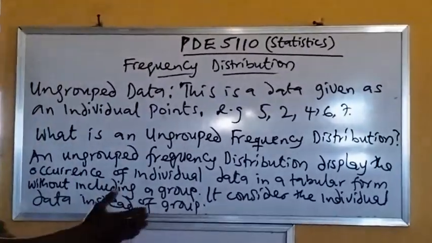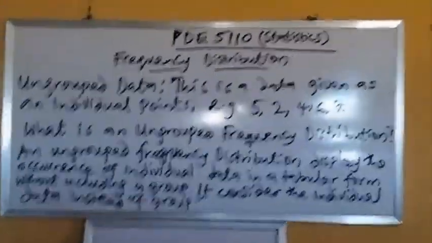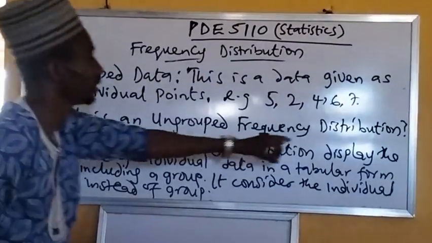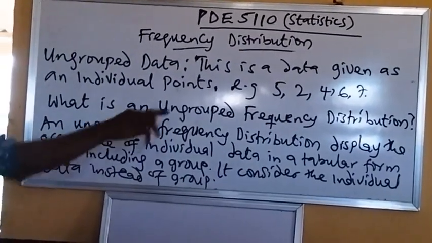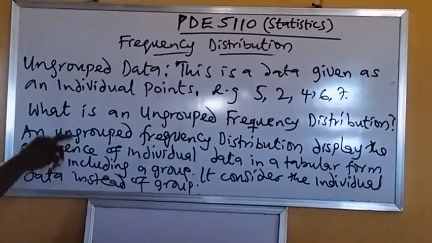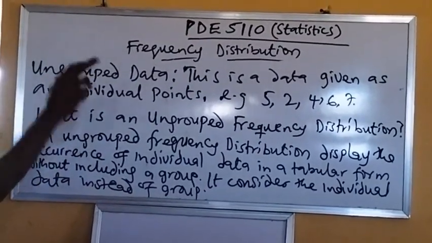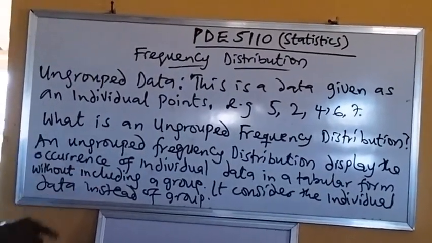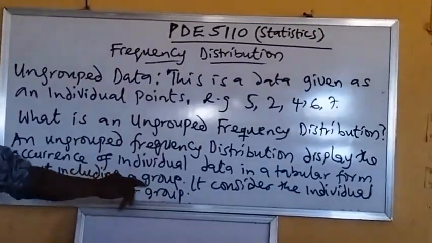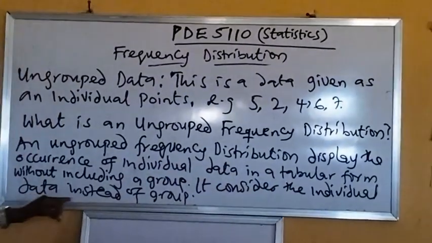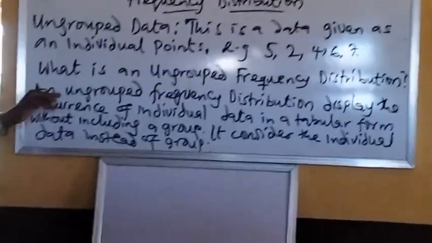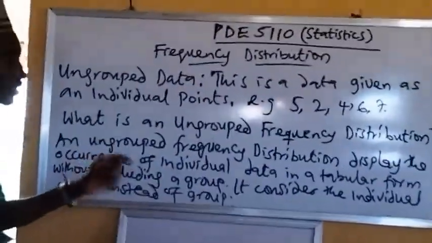So we are not considering any group; whatever we are doing is based only on individual data. So an ungrouped frequency distribution displays the occurrence of individual data in a tabular form without including a group. That is an ungrouped frequency distribution.